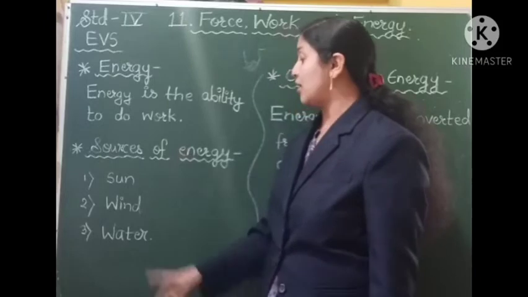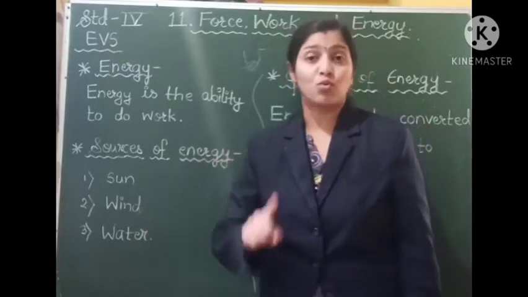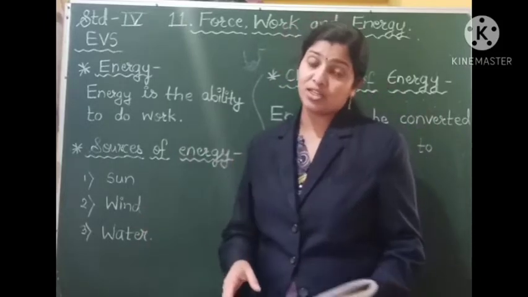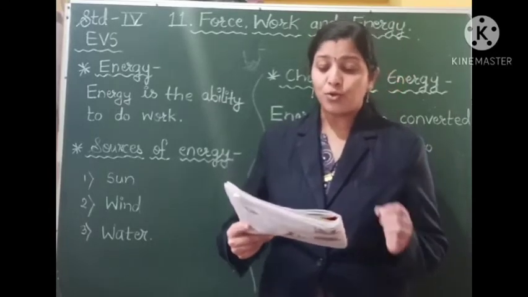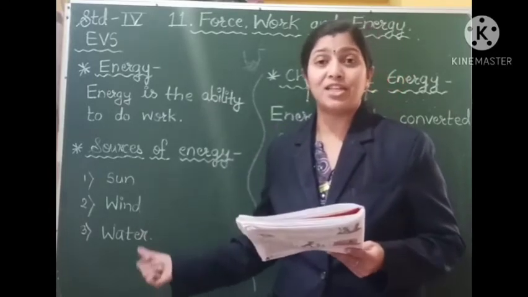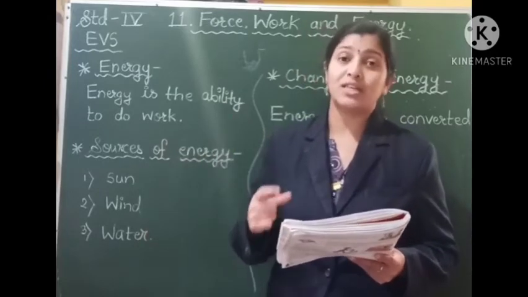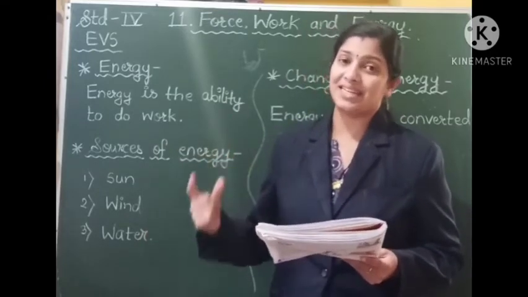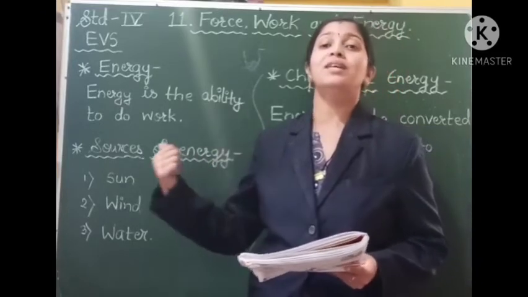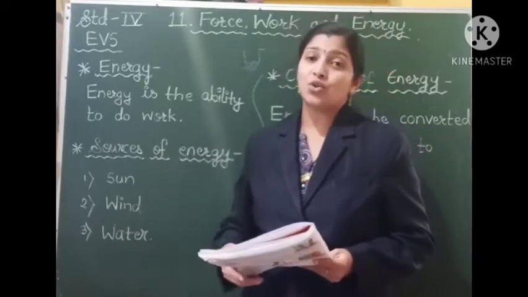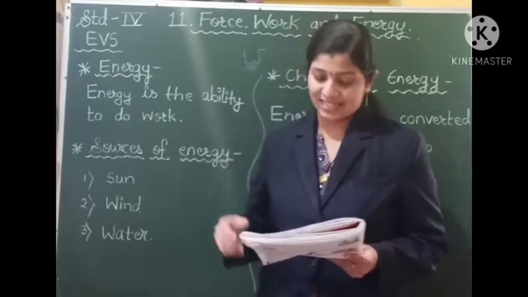So the energy that we get from water is called water energy or hydro energy. But the energy which is produced from this energy of flowing water is called hydroelectricity. So the energy that is produced from the running water is called hydroelectricity.